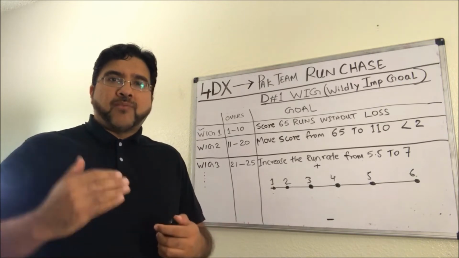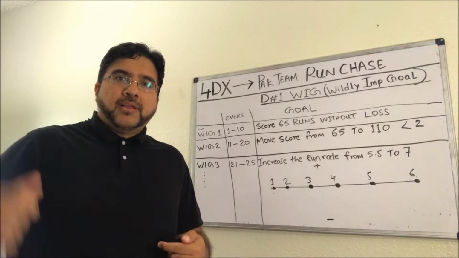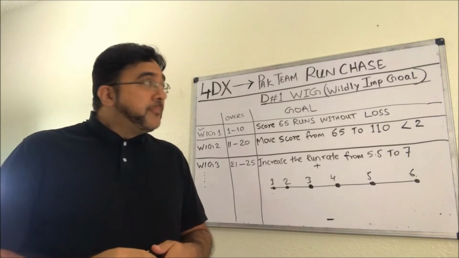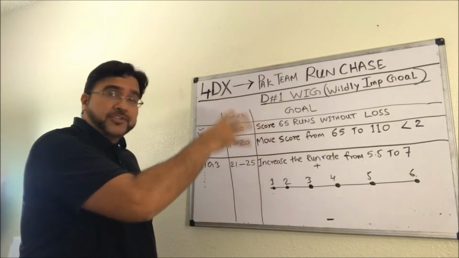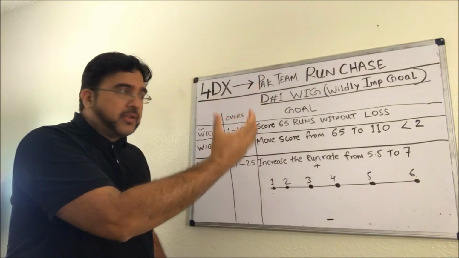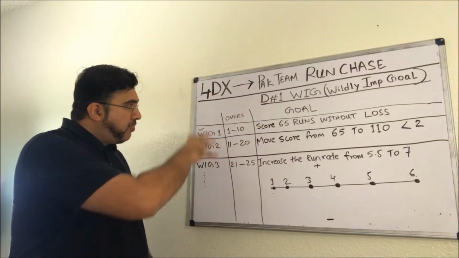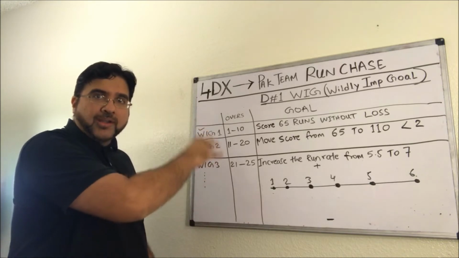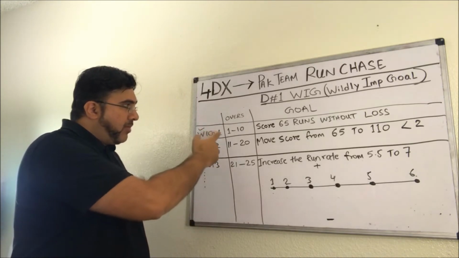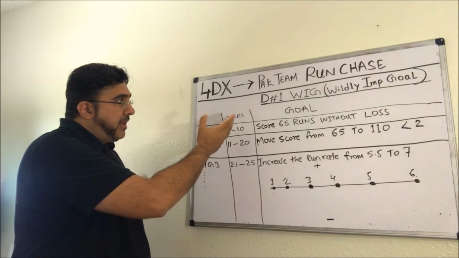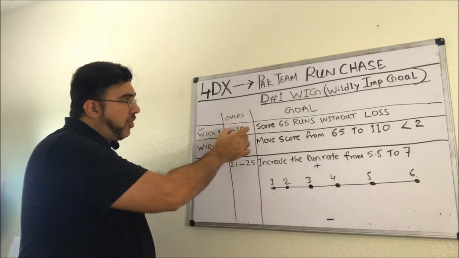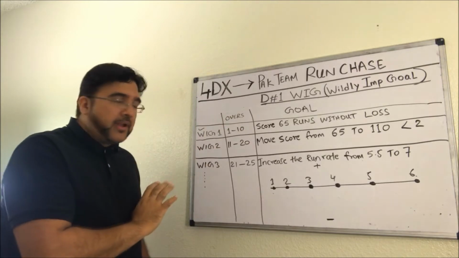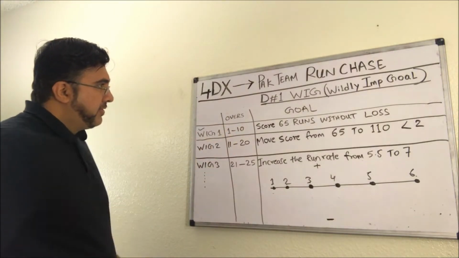So you cannot have one giant goal and try to execute that. So what you can do is distribute the main goal into a series of smaller WIGs, or wildly important goals, like WIG 1, WIG 2, WIG 3, in smaller chunks, like a short number of overs, or short over intervals, right?